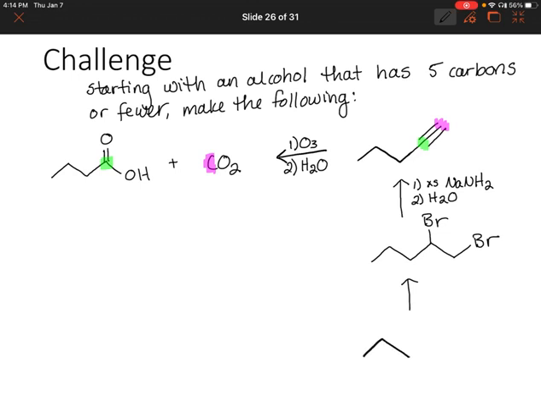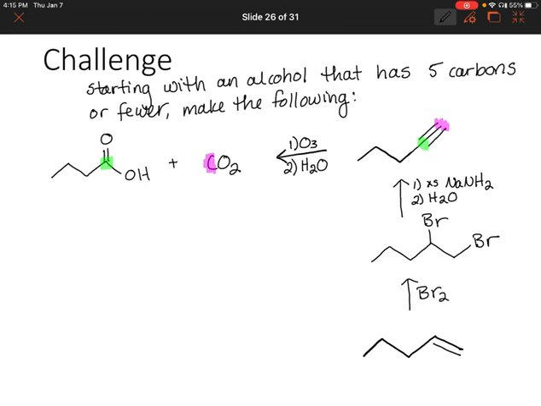So we would need an alkene, and what reagents would we use to go from an alkene to a vicinal dihalide? Just Br2. It's just halogenation. Okay. I think we're getting closer here.